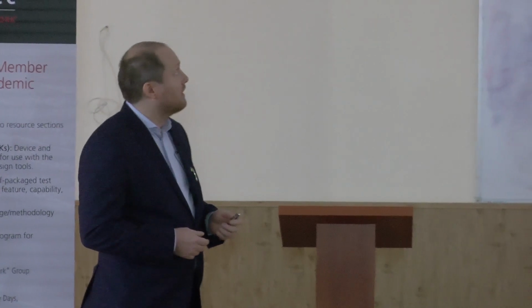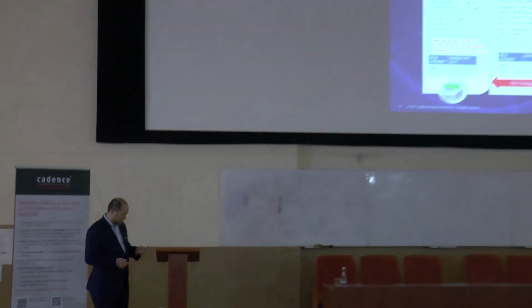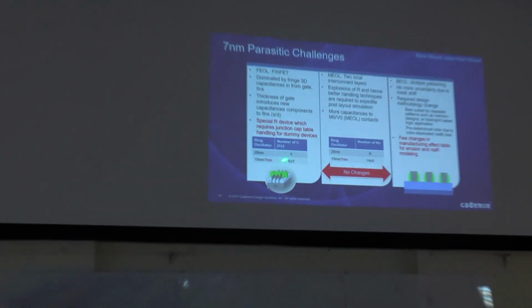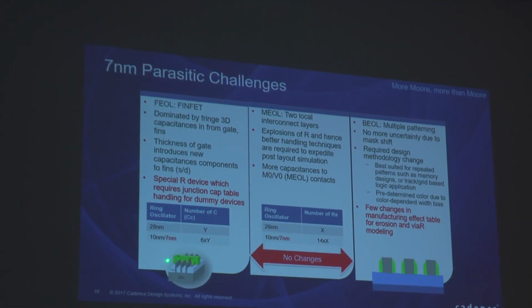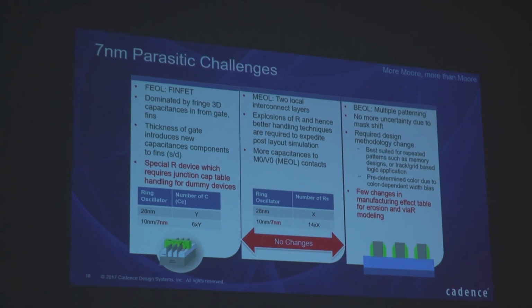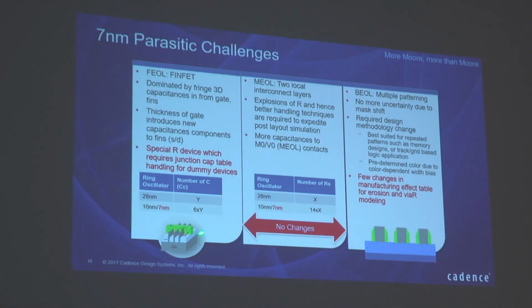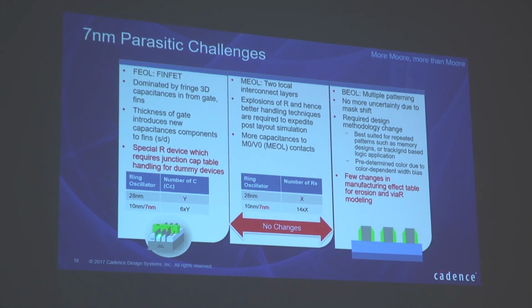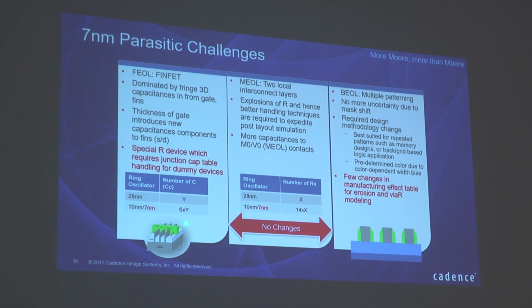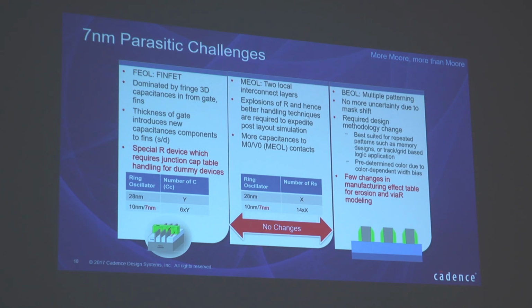So here, if we look at 7 nanometers, what kind of challenges do we have with parasitics? So if you see here a structure of a modern transistor, this is called the FinFET transistor. You see here's the gate, the green one, and the gray ones, these are so-called fins.